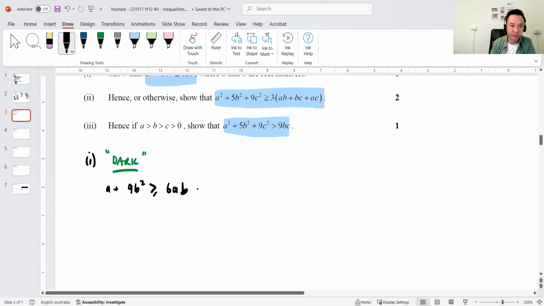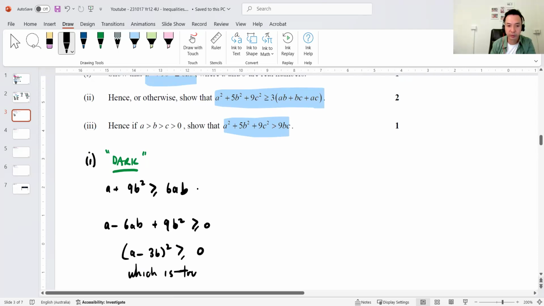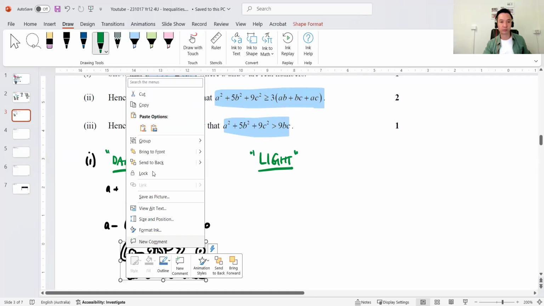But if I did, move it over, A minus 3b squared, which is true. And if I go light, I literally copy and paste and reverse the order. Group that.